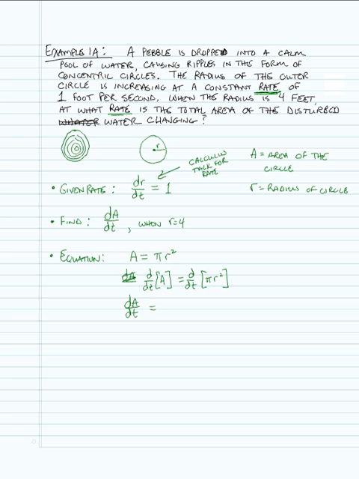Now, over here on the right, though, we need to remember that pi is just a constant. It's not 3.14, but it's approximately 3.14. So that's really the constant times the derivative with respect to t of just r squared.